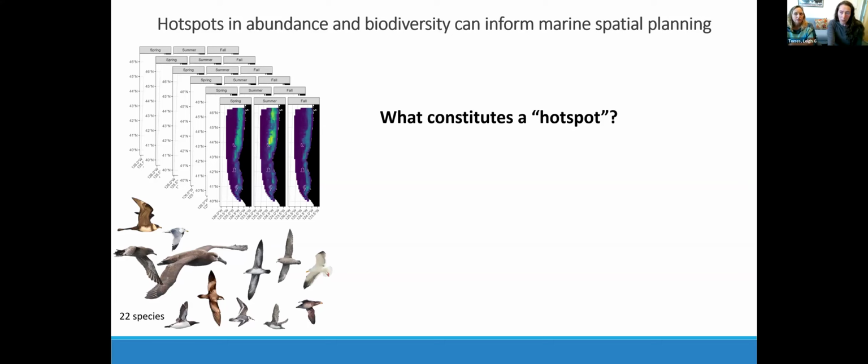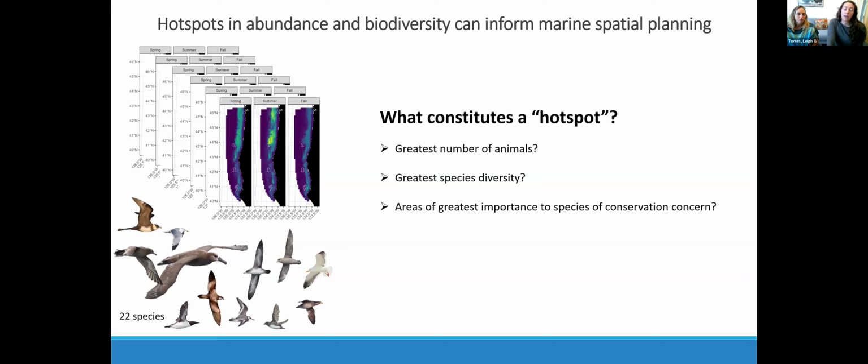What makes an area important? Is it an area that has the greatest number of animals? Do we want to measure where the most birds are? Do we want to think about where there's the greatest species diversity, so where you're going to get the most even spread of different species?